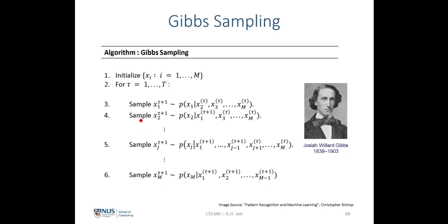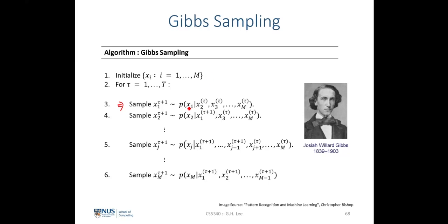The first step is to select x1, and we draw this sample from the conditional probability as the proposal distribution, as we defined earlier. Since we are sampling x1, we sample from the conditional probability of x1 conditioned upon all the other random variables, which are held at their current states from the initialization.